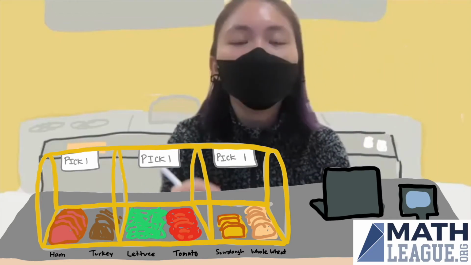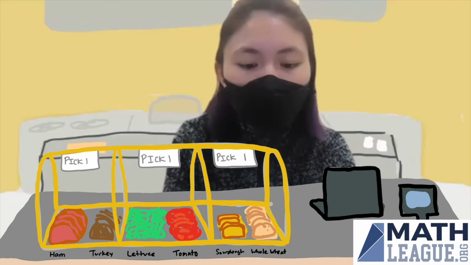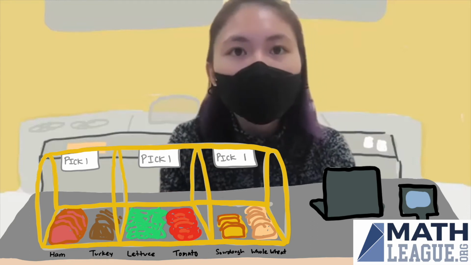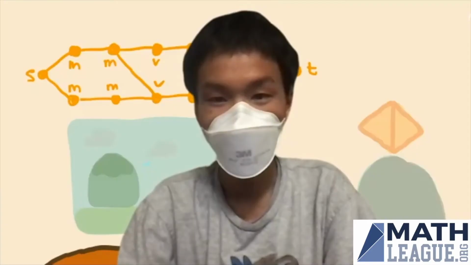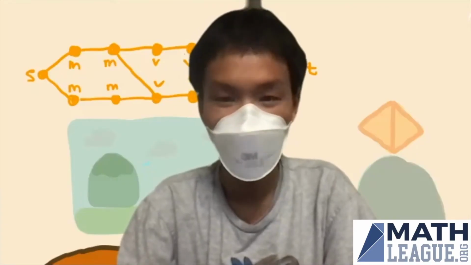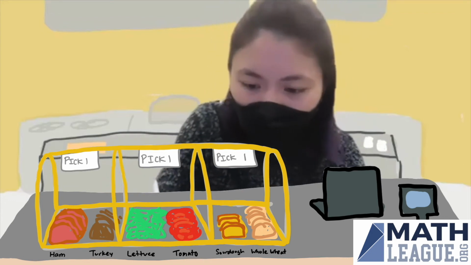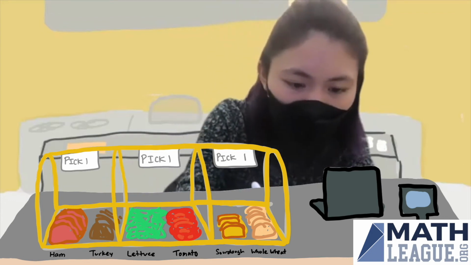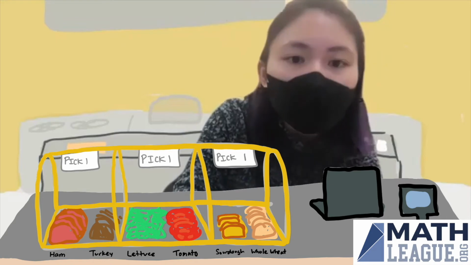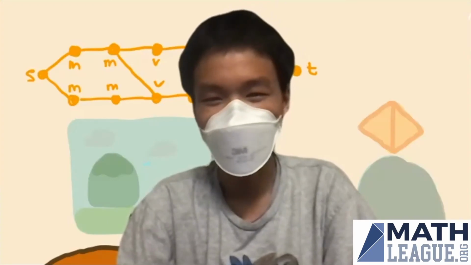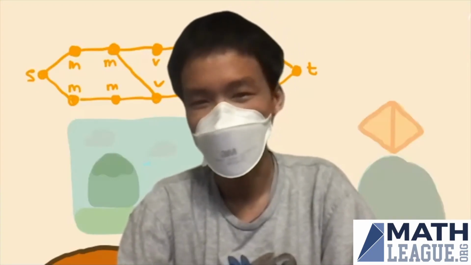So for the ham, we can use some of the ham to use up the rest of the tomato. And that is 5 sandwiches because we only have 5 tomato left. All right, let me write that down. Okay, I'll take all those 5 sandwiches with ham, tomato, and whole wheat bread.